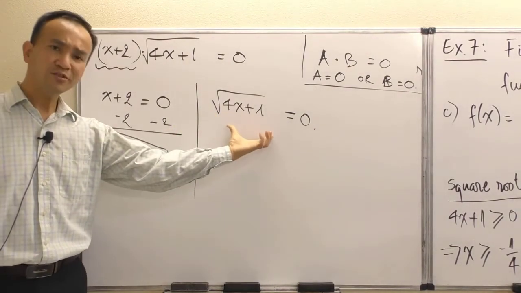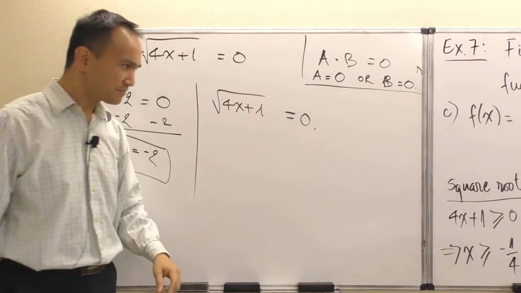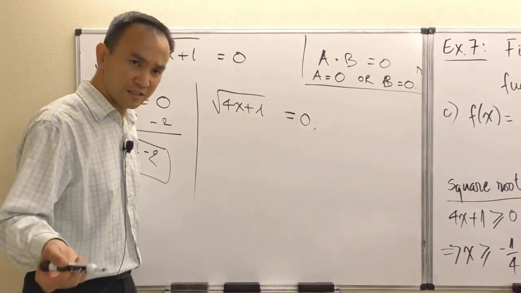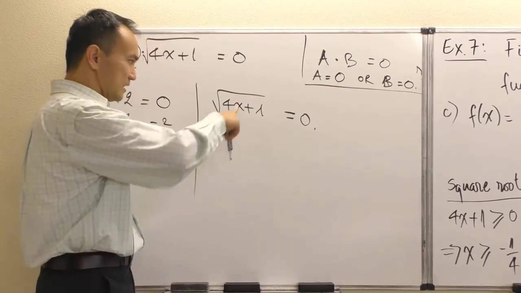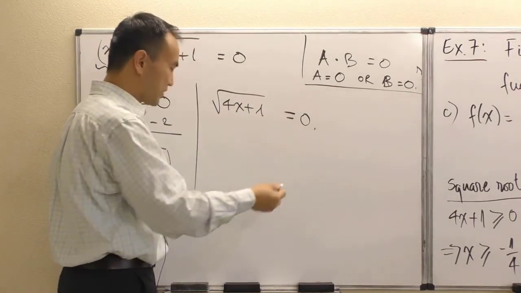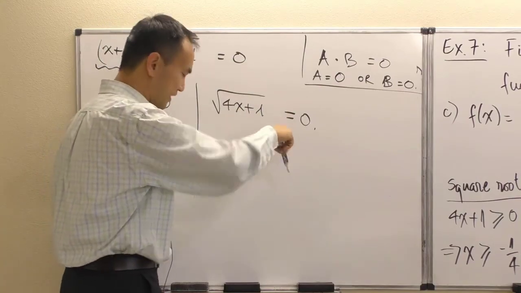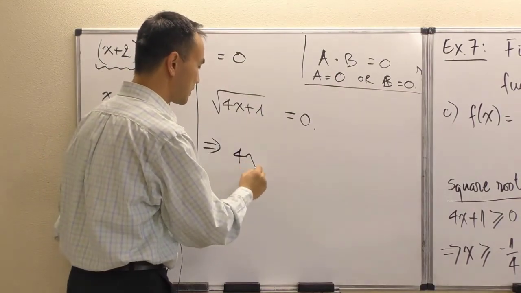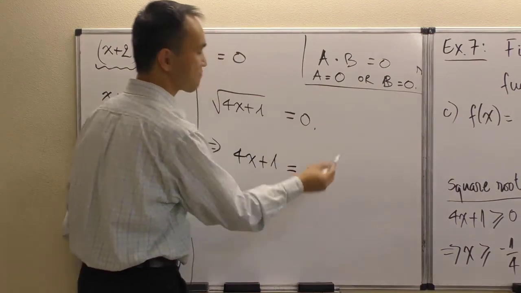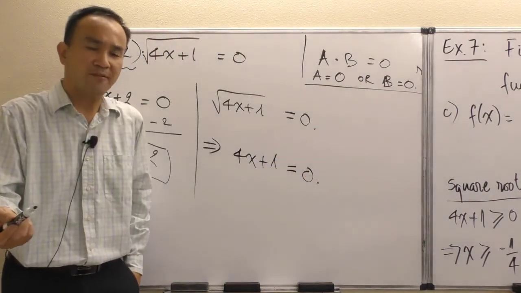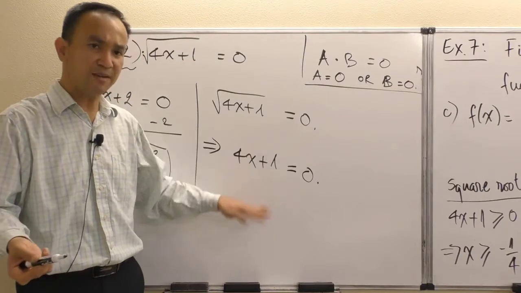When it comes to this one, similar to the earlier example problem I brought up, the only way for a square root to equal 0 is that its inside expression must equal 0. If you try to stay away from knowing too many techniques, you can keep that logical thinking.